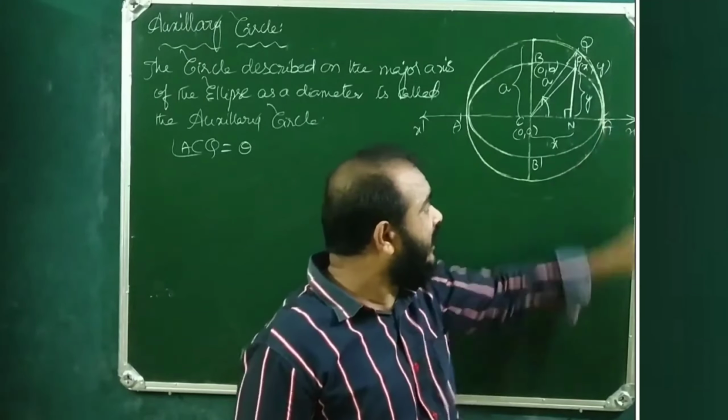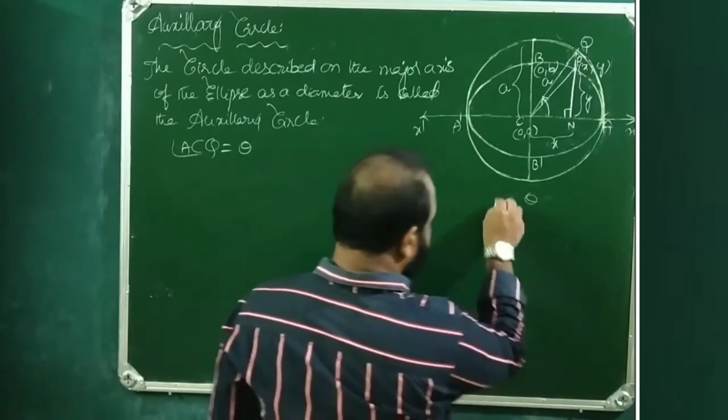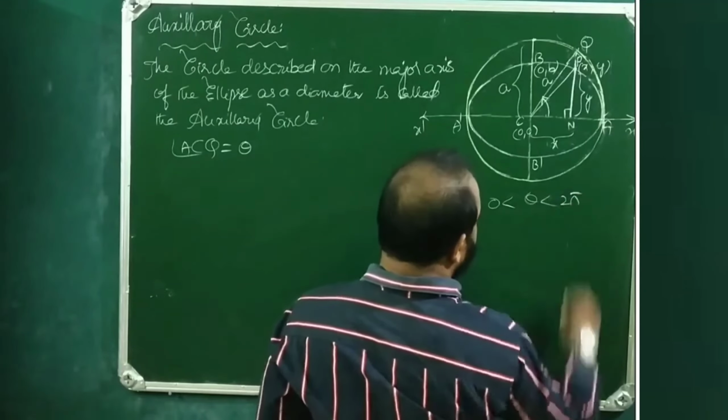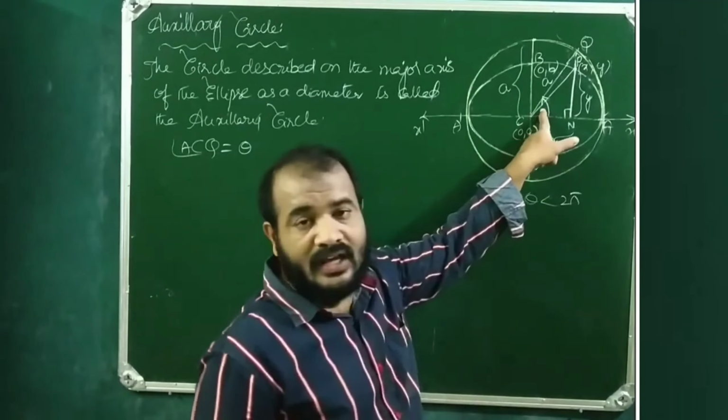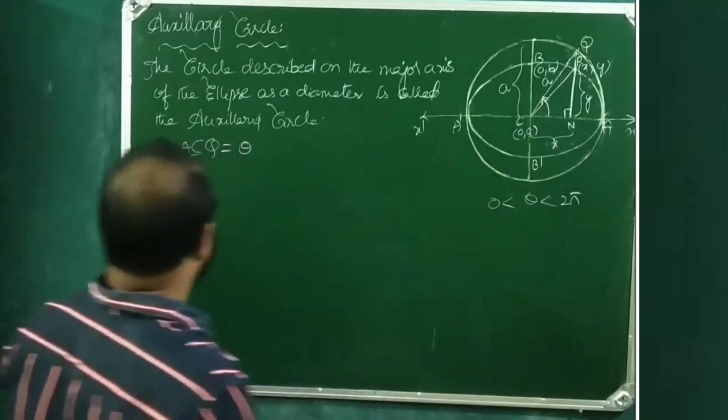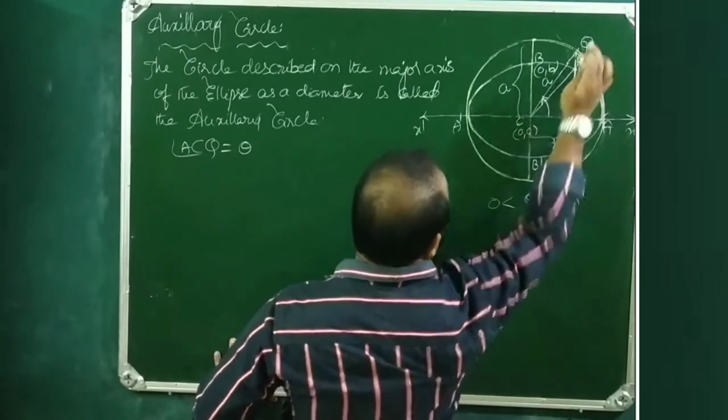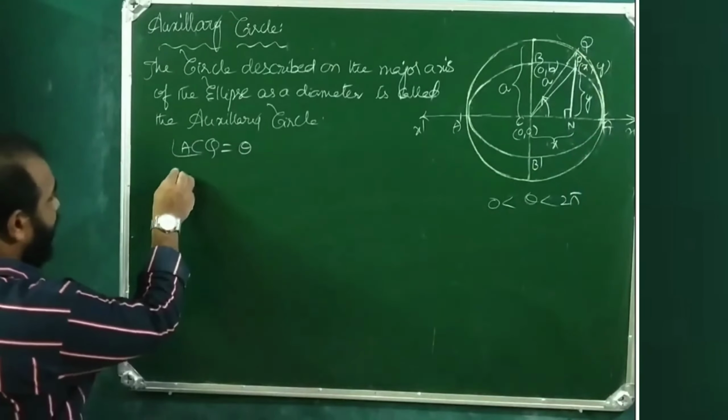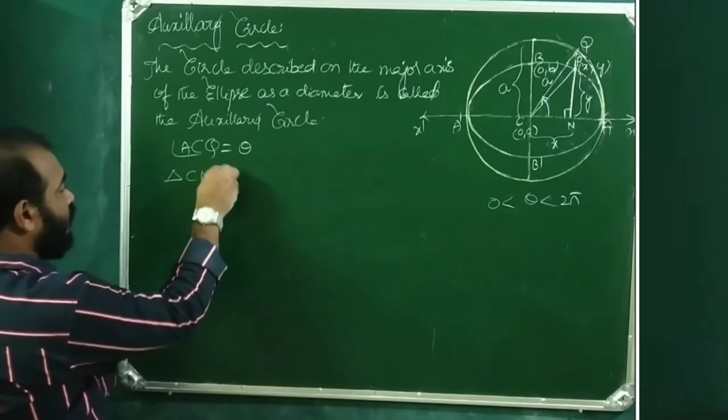Therefore, this theta lies between 0 and 2 pi. So this theta is said to be the eccentric angle ACQ.